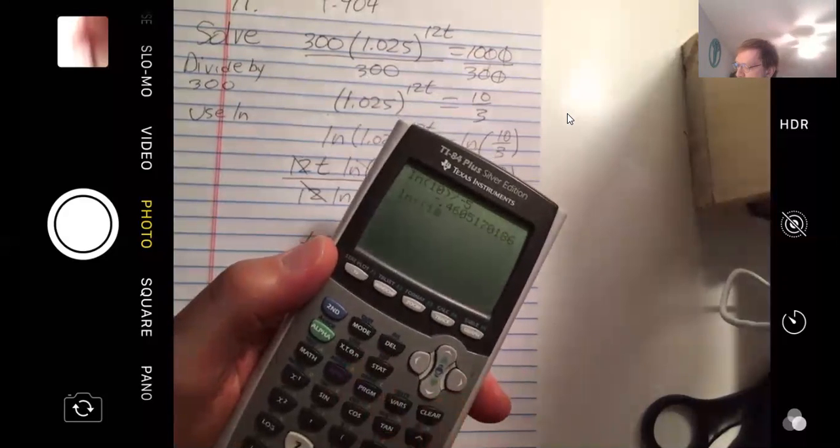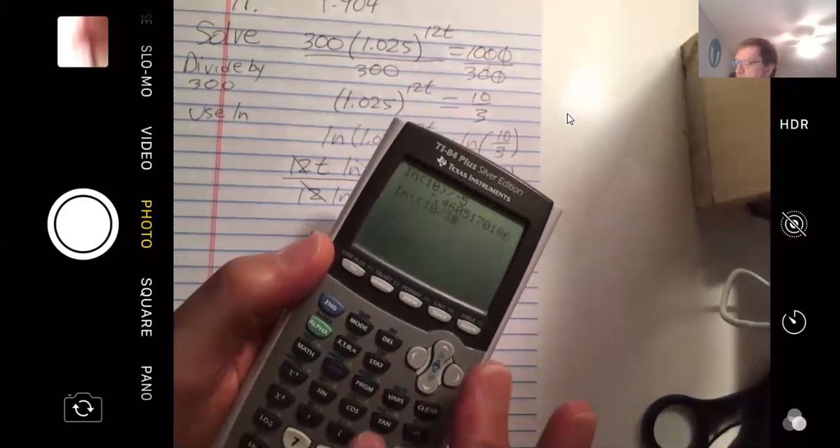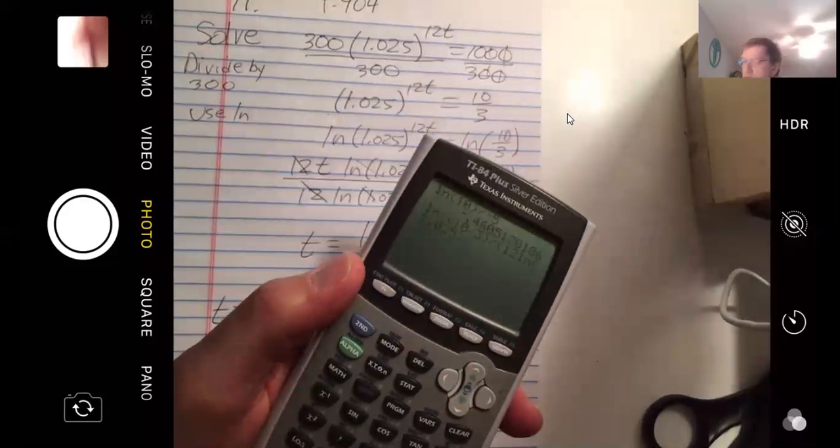Punch it all at once. ln of 10 divided by 3. Divide by parentheses 12 ln 1.025. Close and close.